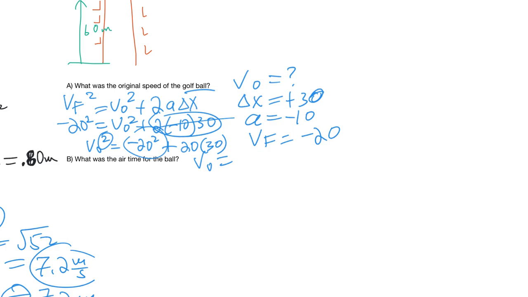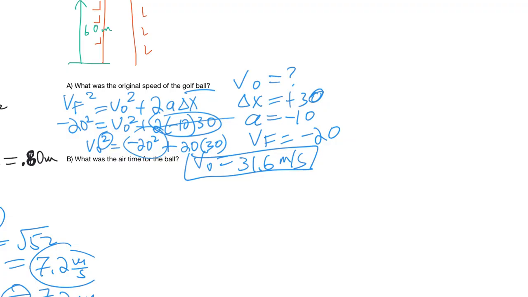Actually, that comes out 400 plus 600, that comes out 1,000. Square root of 1,000 is 31.6 meters per second.